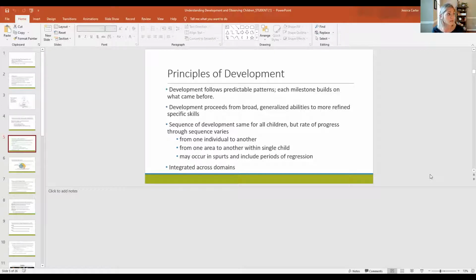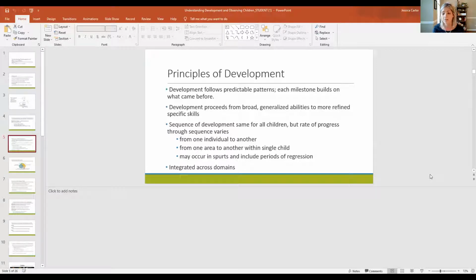And it can also vary from one domain of development to another. So you might sometimes see rapidly developing gross motor skills, where a child isn't necessarily developing language as quickly. So different spurts can happen across different domains of development.